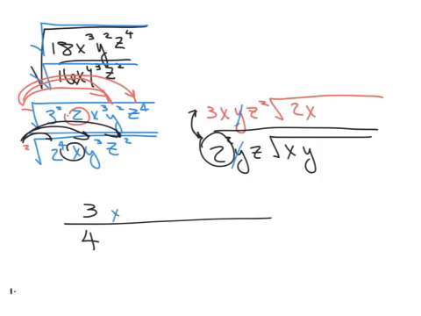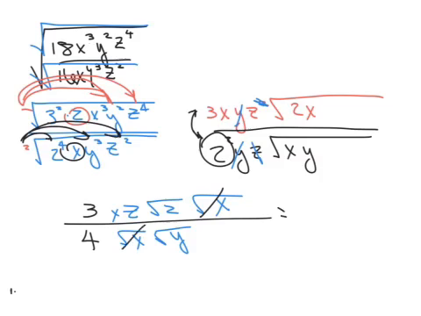I've got a z there, one of those can be canceled with that, so I've got 3x z square root, I'm going to split these up, over 4 square root of x square root of y, and then I can cancel this x with this x. Okay, so that gives me 3xz square root of 2 over 4 square root of y.